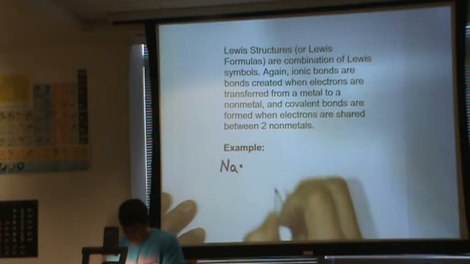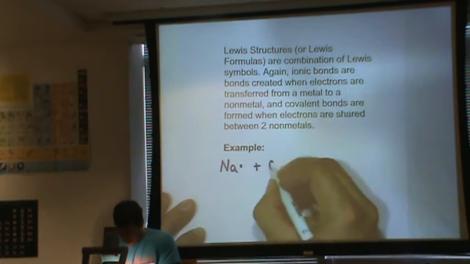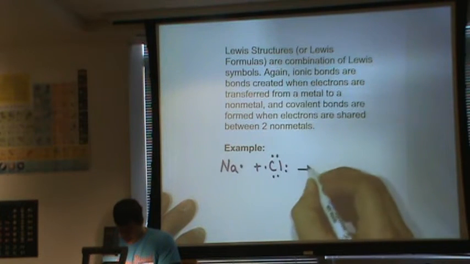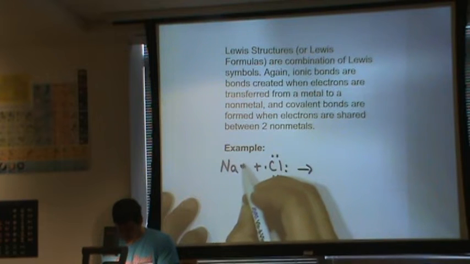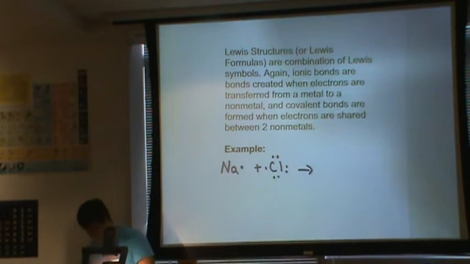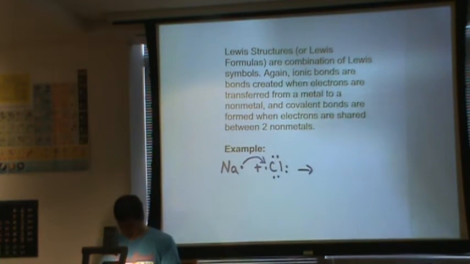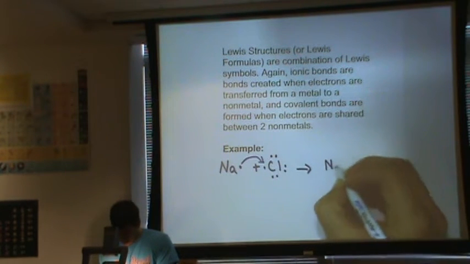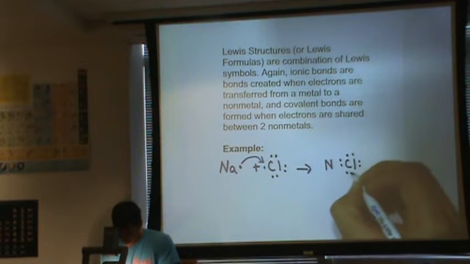Sodium has 1 electron like so. And then we're going to combine that with a chlorine atom, which has 7 electrons around it. These 2 are going to create an ionic bond where the sodium atom is going to give away its electron to chlorine to form sodium chloride. 1, 2, 3, 4, 5, 6, 7, 8.